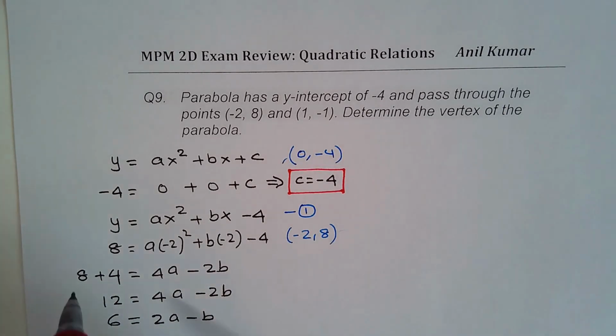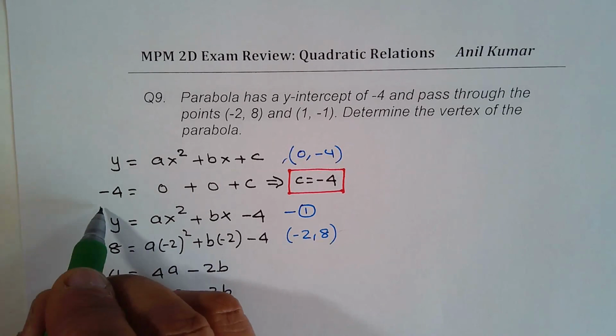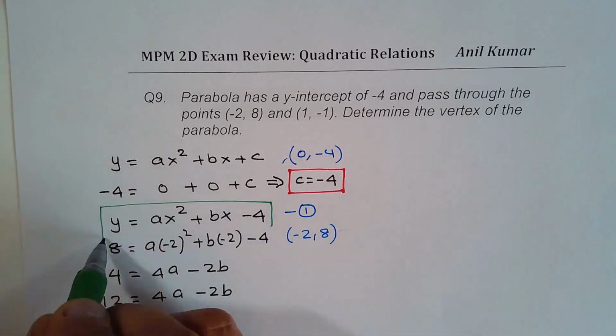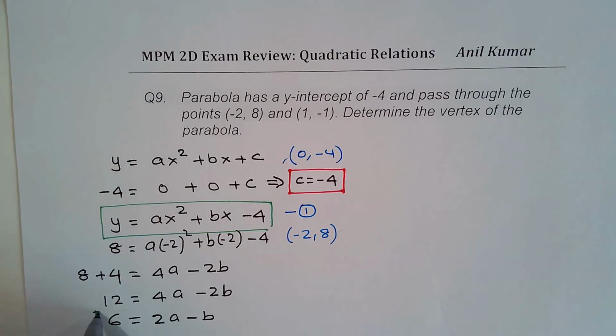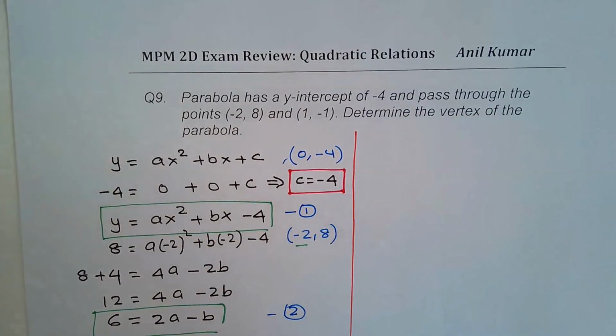So we already have equation number 1 right there. And we are calling this our equation number 2, which we got by substituting the point minus 2, 8, right? To solve for a and b, we actually need to use the third point also, which I'll do on the right side of this page.